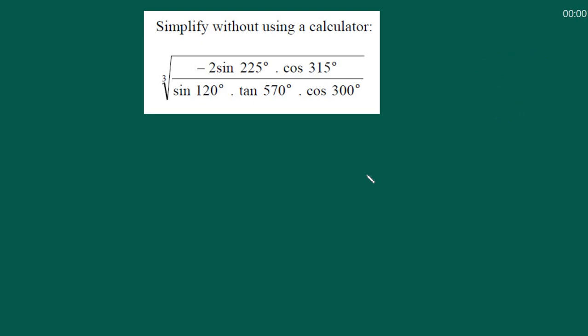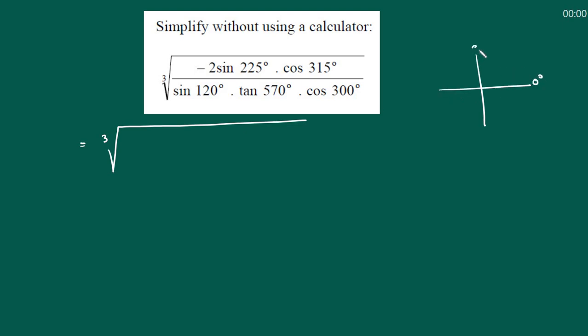The problem necessitates us to use the methods that we have just talked about right now. Okay, so the first thing that we do, we have a cube root outside, and then now you have negative sine 22. All you need is the CAST diagram.